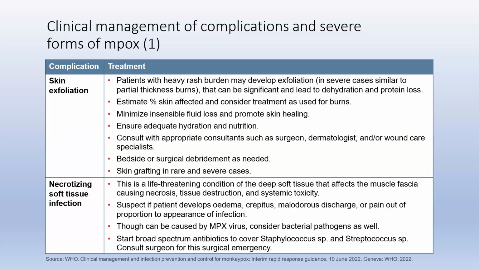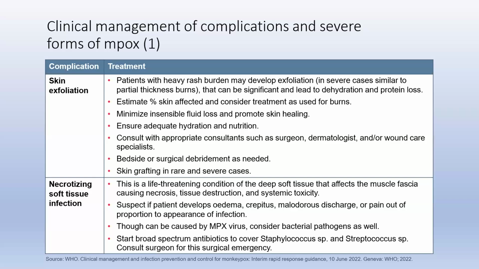It can cause necrotizing soft tissue infections, and this can be caused by the virus itself or secondary bacterial infection. Suspect in a patient who develops edema, crepitus, malodorous discharge, or pain out of proportion.